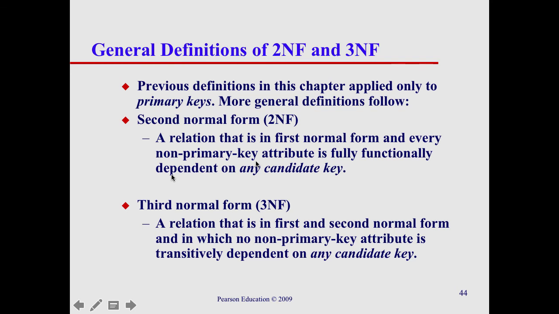If this were a graduate course, I would expect you to know it. Actually, the graduate students, I still won't hold you to it, but this is more of an advanced concept, and that's why I'm not holding you to it. I just want you to know that there is a stronger form than what we're using, where you'd have to eliminate dependencies not only on the primary key, but also on candidate keys.